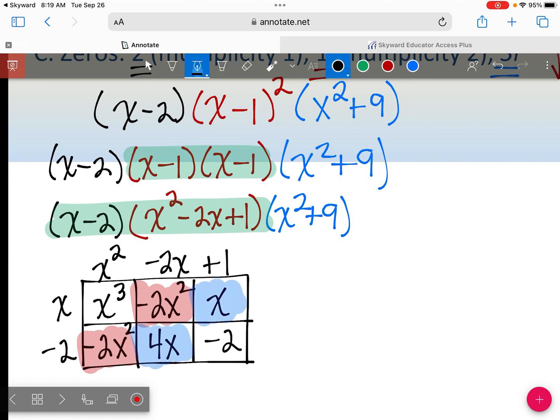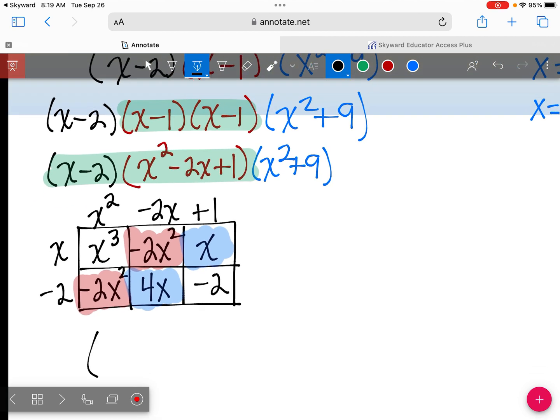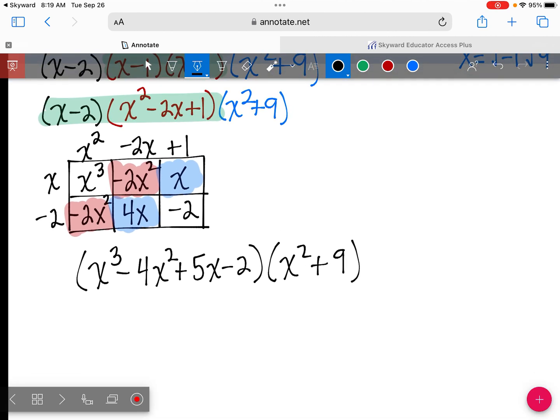So that's going to give us x cubed minus 4x squared plus 5x minus 2. And then we have to multiply that by x squared plus 9. So we're going to make one more box. And this time my box is going to be even bigger.